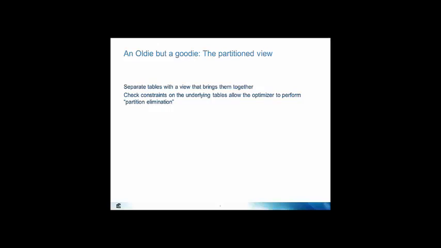And that view would do a union all, and when we queried that table, the optimizer would be smart enough to actually do what's called partition elimination. And let's actually see that in action.